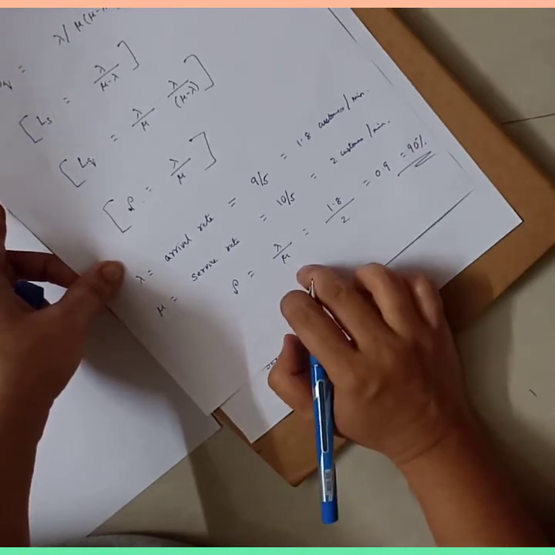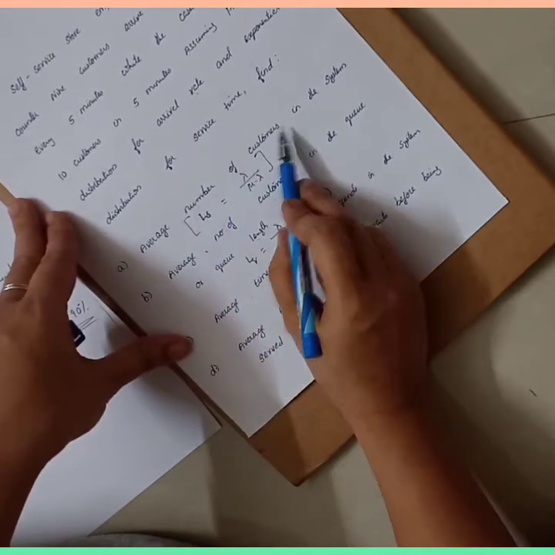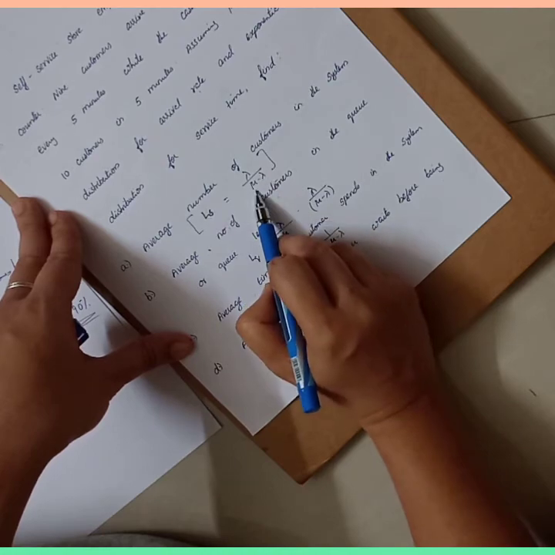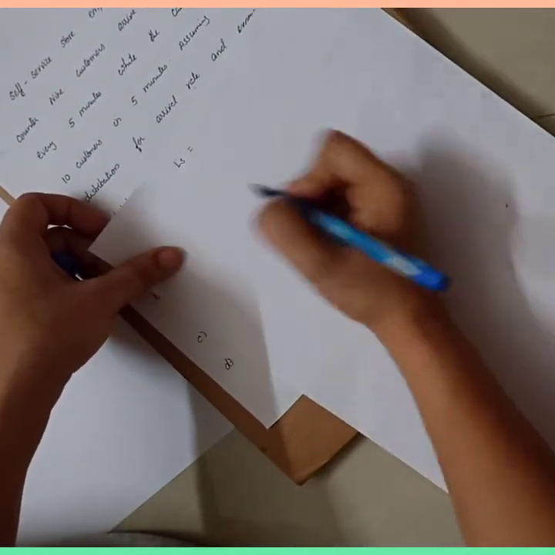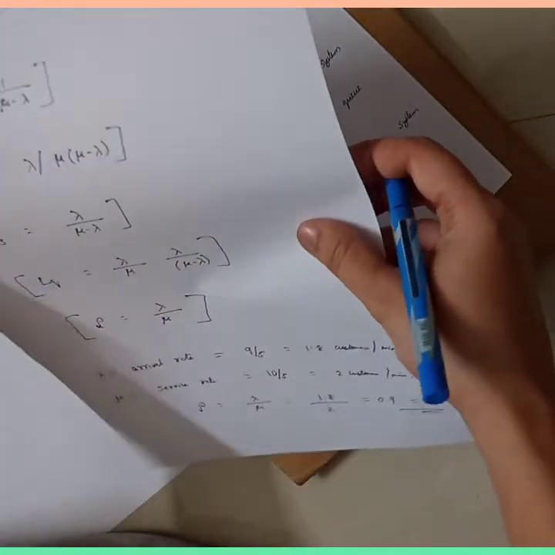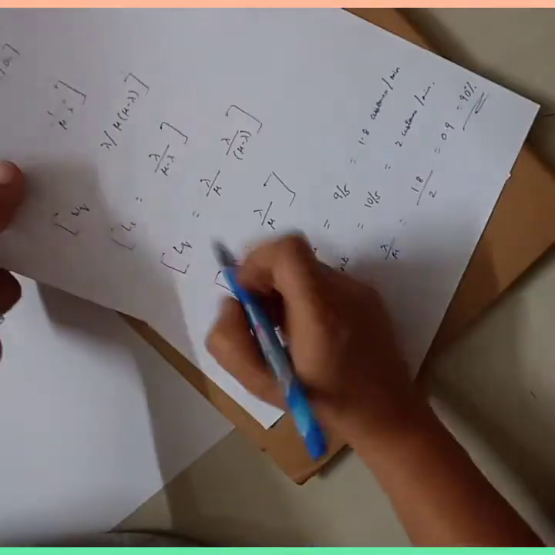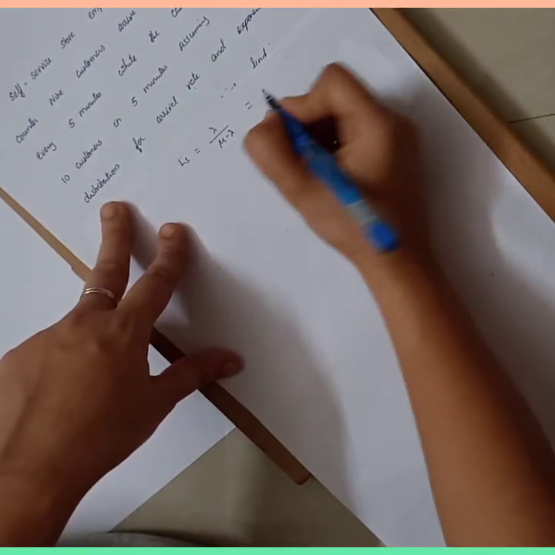Okay, now we can move on to the next part. What is asked? Average number of customers in the system, or LS. For LS you have lambda divided by mu minus lambda. Now you know what is lambda, you know what is mu, so you can find LS. LS is equal to lambda divided by mu minus lambda.